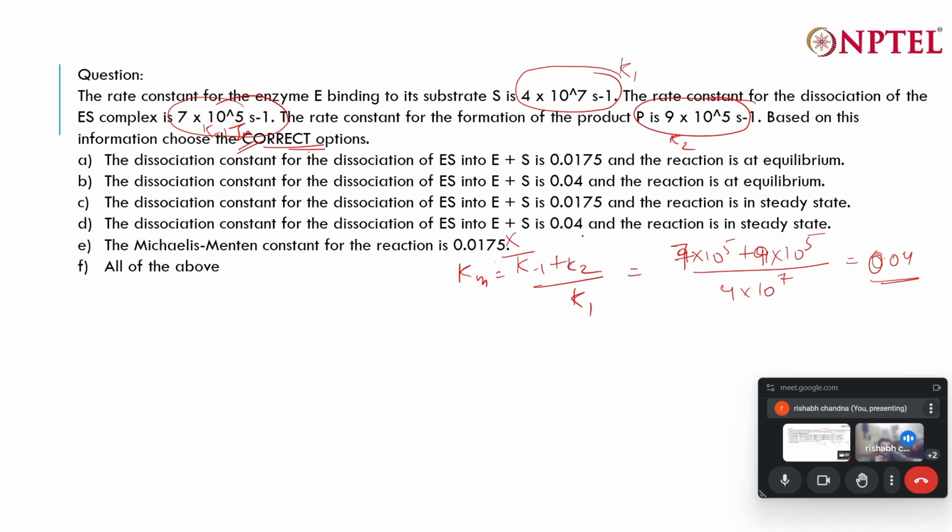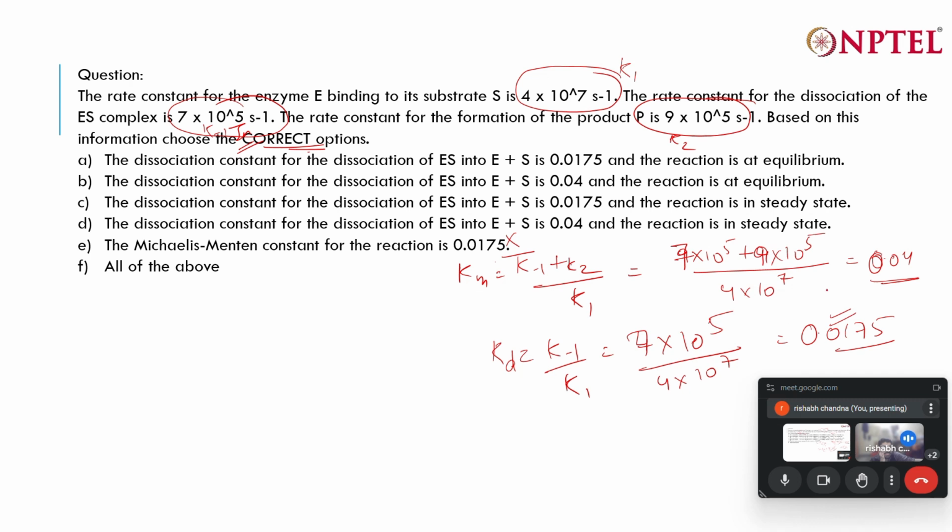Now, if we look through the other options and calculate the Kd, that is K minus 1 by K1, that would be 7 into 10 to the power 5 by 4 into 10 to the power 7. So that would be around 0.0175.